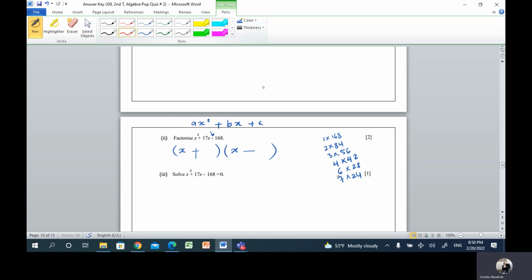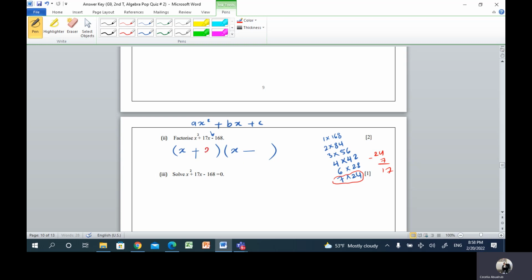Which one are we going to stick to? This one. But why? Because 7 times 24, the answer is 168, and 24 minus 7, the answer is 17, which is the middle term.